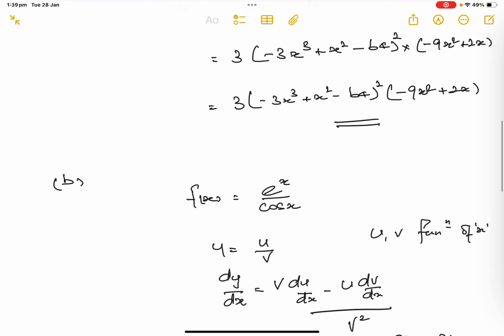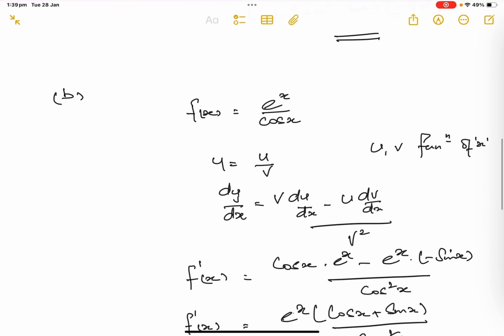The part 2, f(x) given is a quotient function: numerator e to the power x, denominator cos x. Prior to tackling the question, I would like to go over the u over v format, the formula for that. So y equals u over v, where u and v are functions of x.